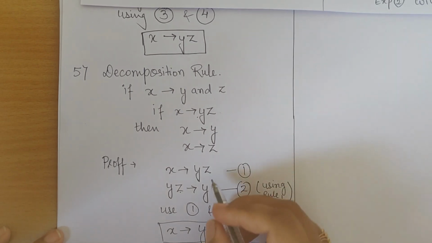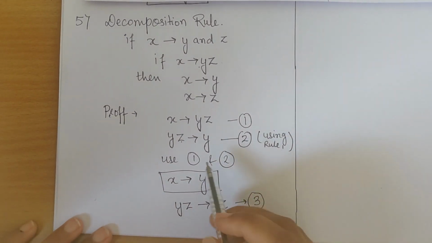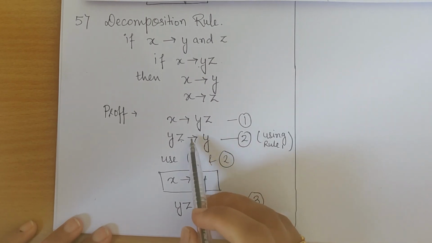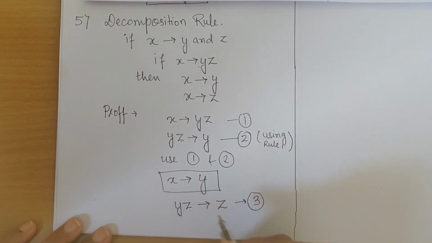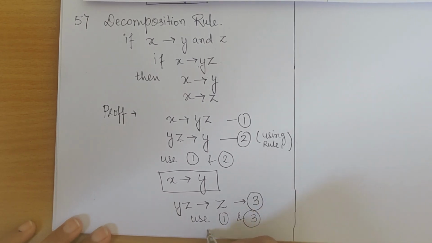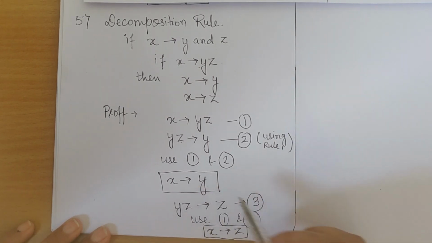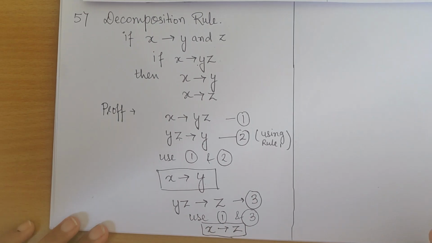If I apply transitivity again, using first and third, can I write X will determine Z as well? So here decomposition is proved. X determines Y also and X determines Z also, right?